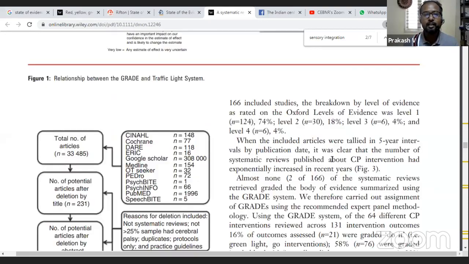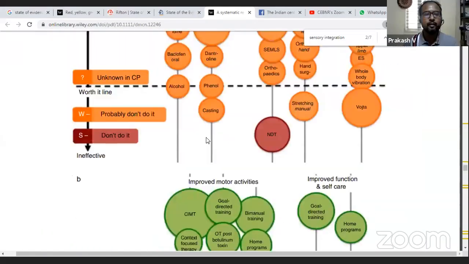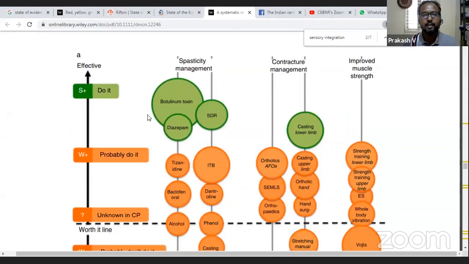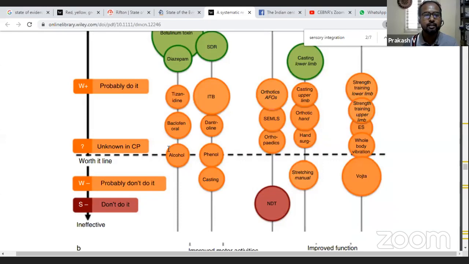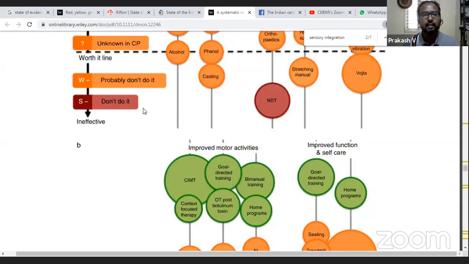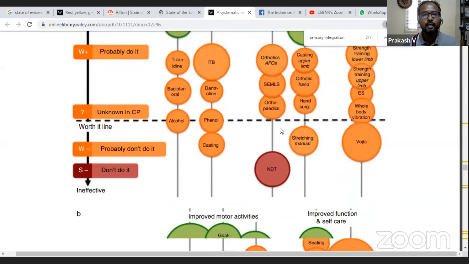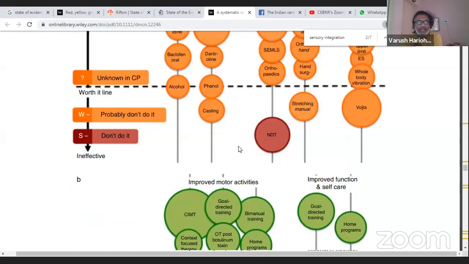So keeping that in mind, you can see that there are some interventions in green, lots of interventions in orange or yellow, and there is some evidence that is red. If you look at it clearly here... Sorry, the first one, can you just scroll up?